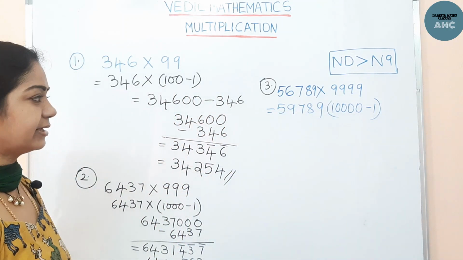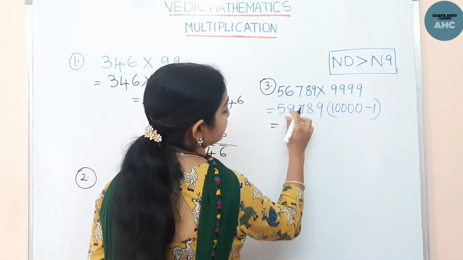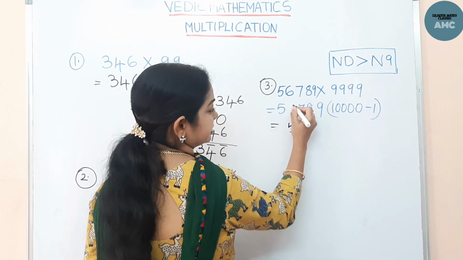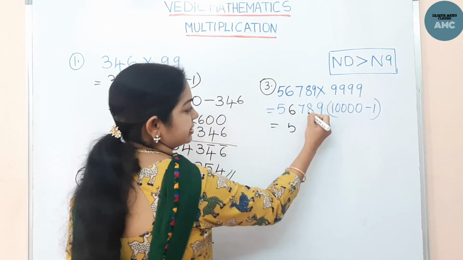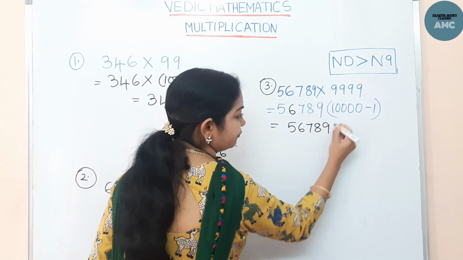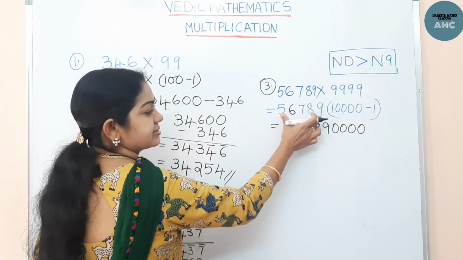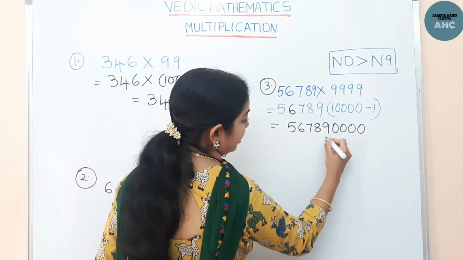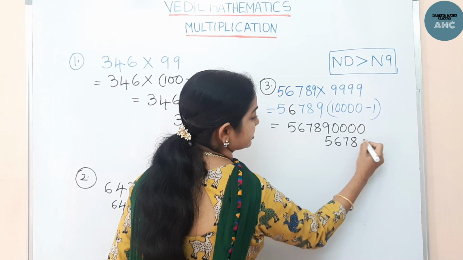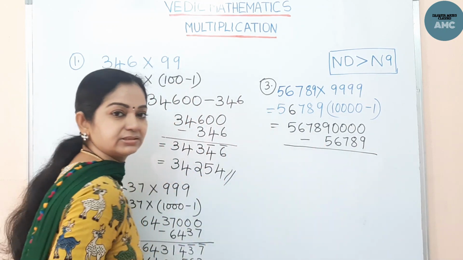Here the bracket itself is multiplied. 5, 6, 7, 8, 9 followed by 4 zeros minus the same number we have to take, 5, 6, 7, 8, 9. Now what we have to do, subtract, right?